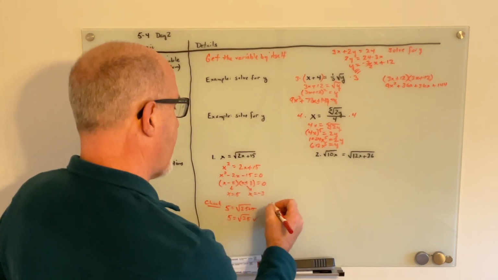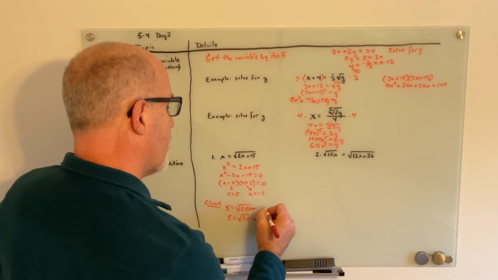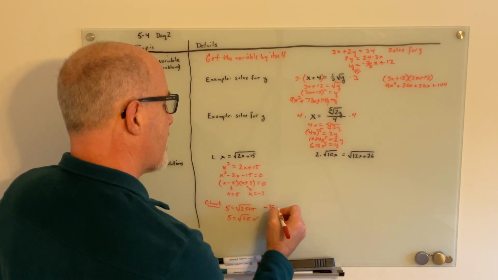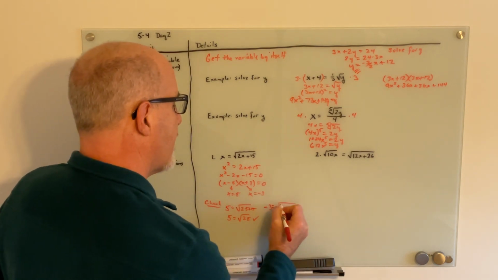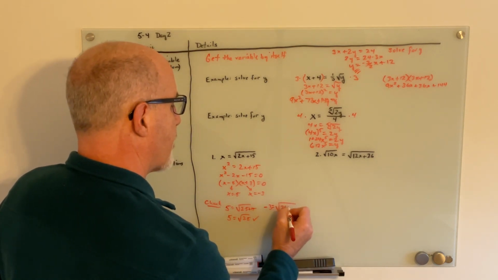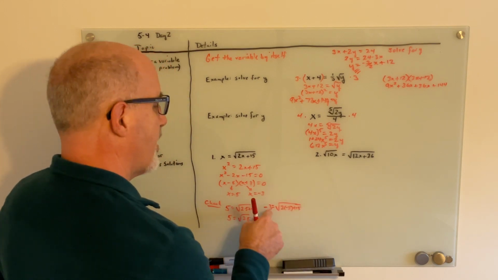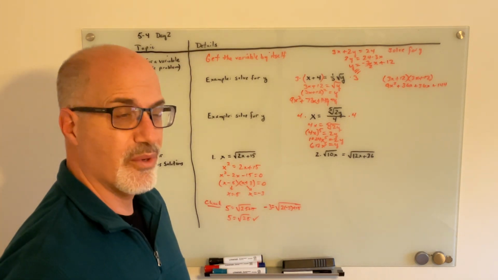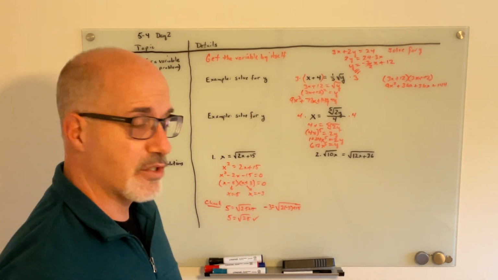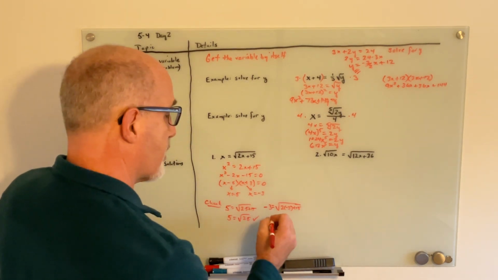Now let's check negative 3. Put that into the original. Negative 3, does that equal the square root of 2 times negative 3 plus 15? And the clue here is you have a negative equal to a square root. You can't get a negative out of a square root, so it doesn't look like it's going to work. Let's check it out.